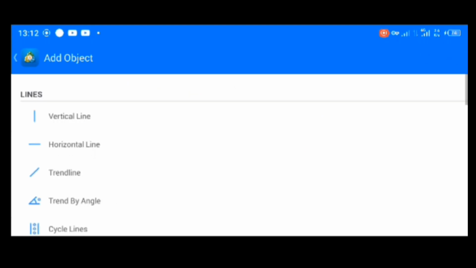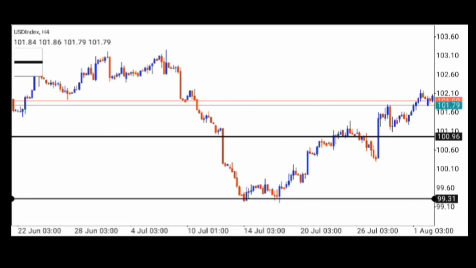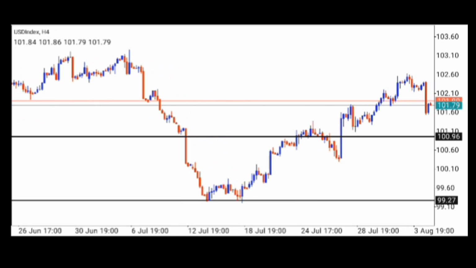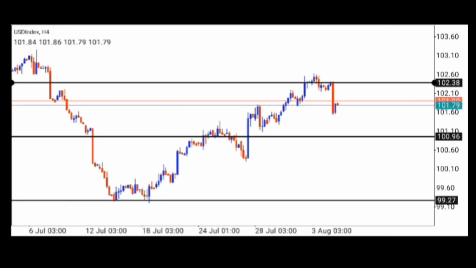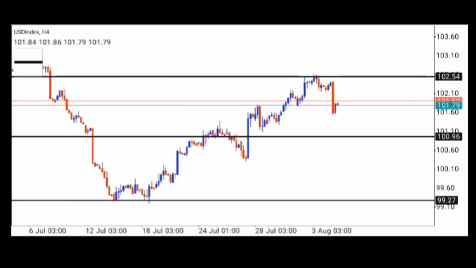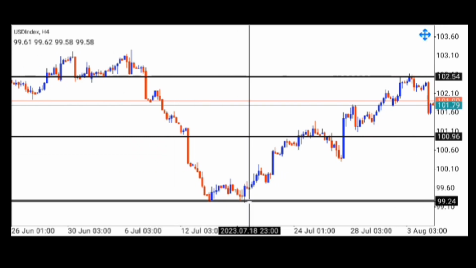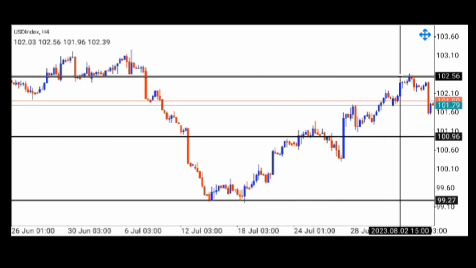Let me just mark my recent low here, because this is where we might potentially get a nice channel. Then I just want to mark out this point here. You can see we had a bounce here. The market bounced again before going back up. Here we had a bounce.